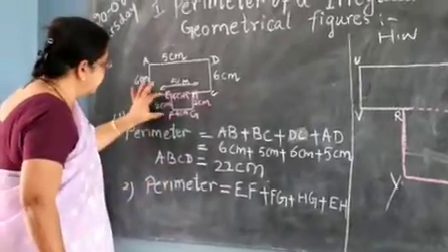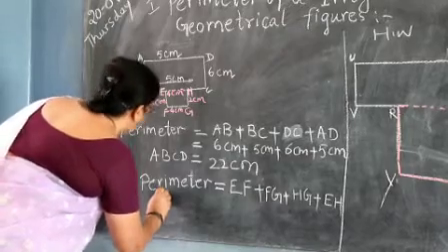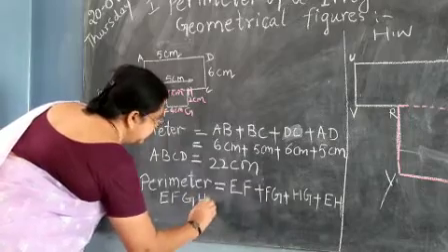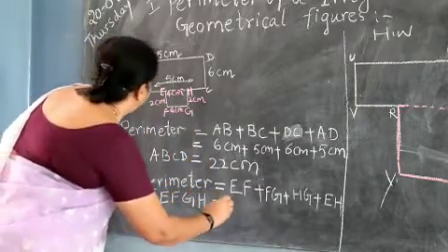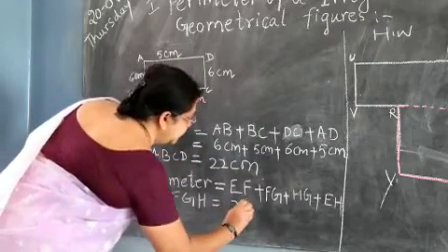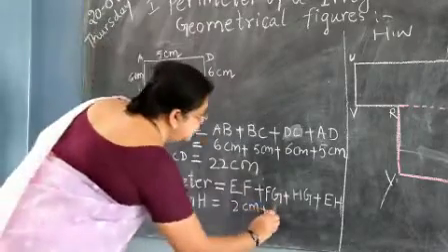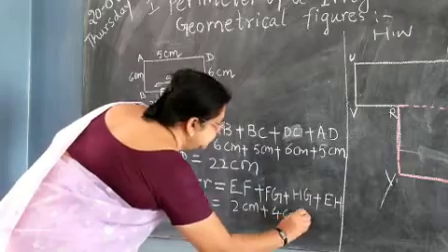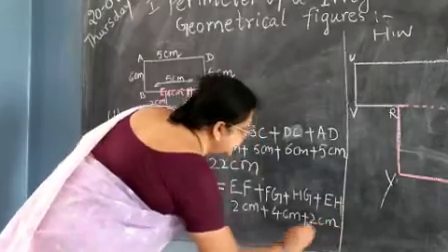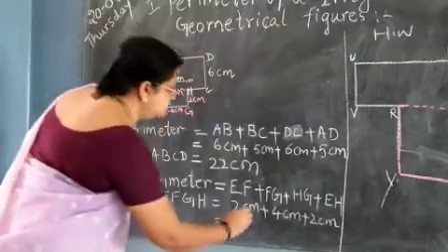So how many centimeters are they measuring? You can tell, the perimeter of EFGH is equal to, what is EF? 2 centimeter, plus FG 4 centimeter, plus HG, again 2 centimeter, plus this one, again 4 centimeter.